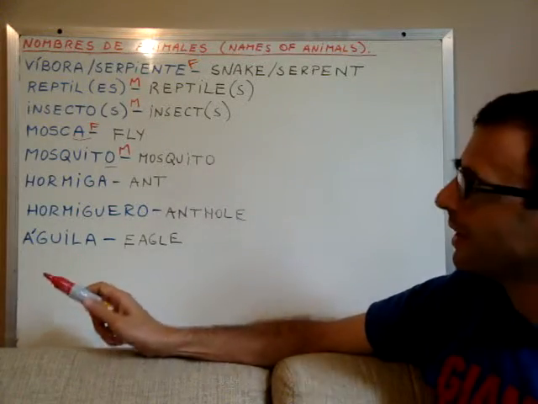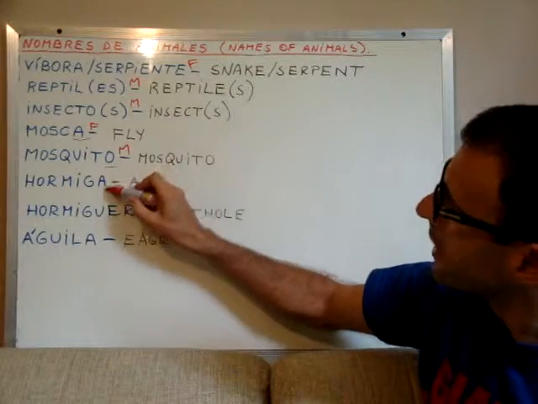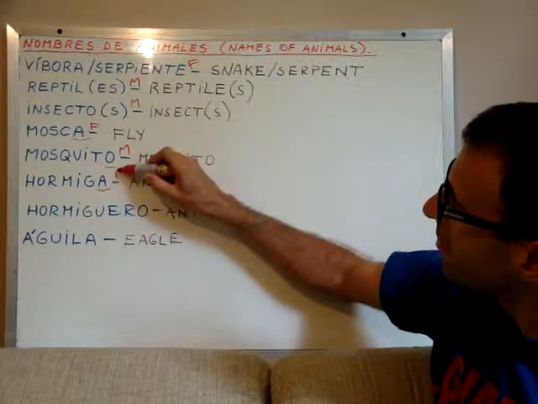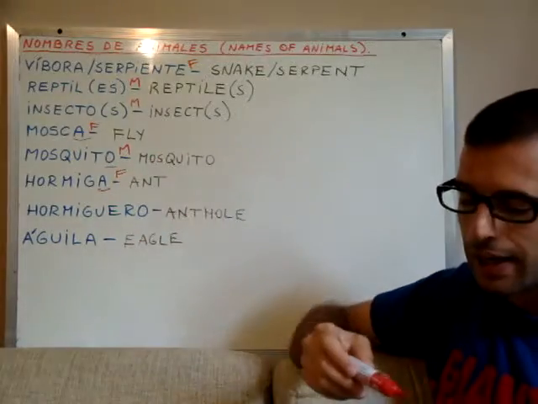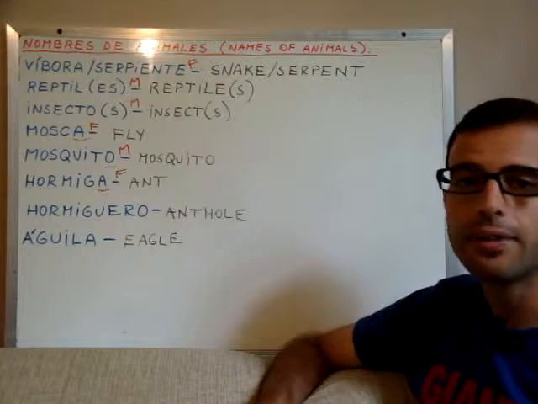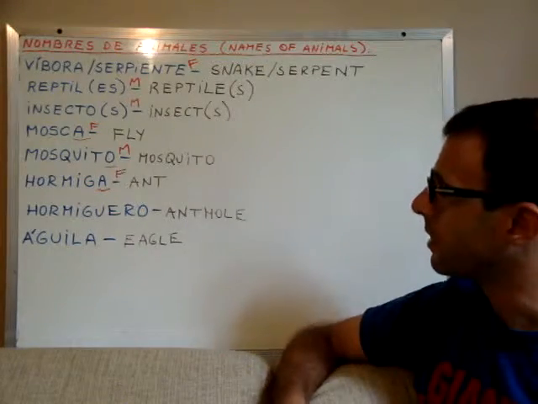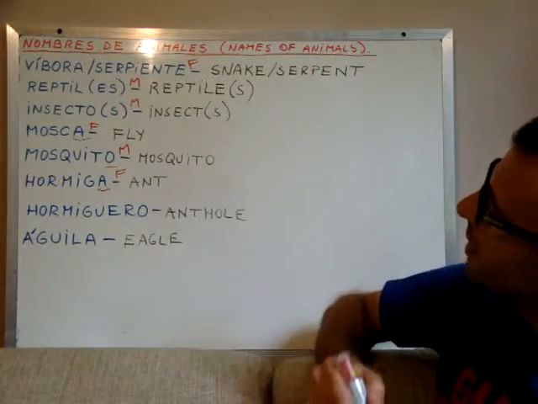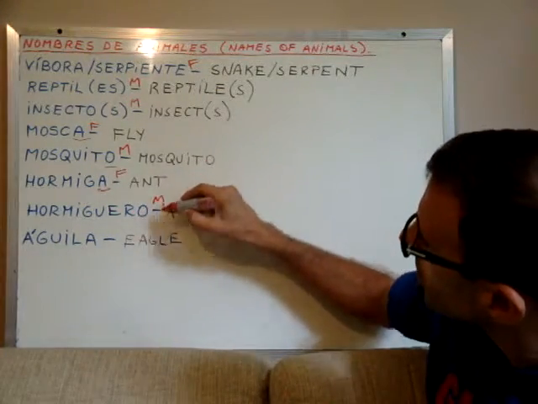An ant is hormiga, and as you can tell, it's a feminine noun. La hormiga. And the ant hole is masculine. It's el hormiguero. Right? Masculine word.